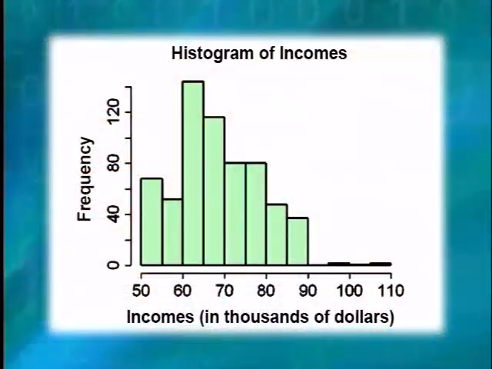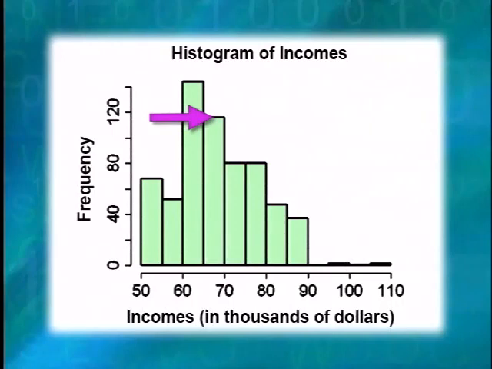What we do is we simply divide the incomes into groups. In this case, we've done $5,000 increments from $50,000 to $55,000, $55,000 to $60,000, and so on. And then for each one, we just make a bar that goes up as high as the number of people who earn income in that range.